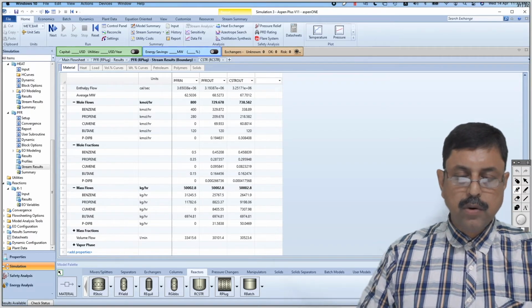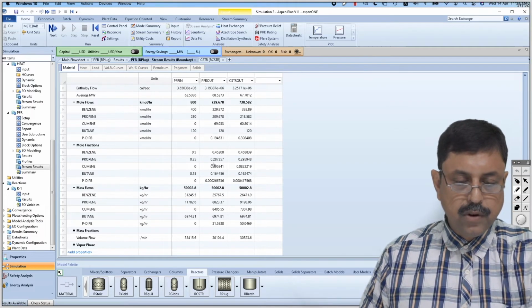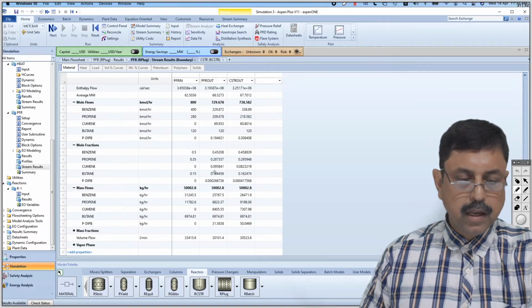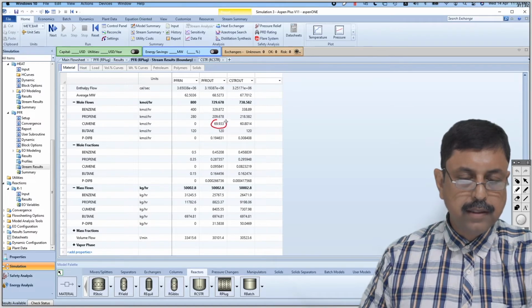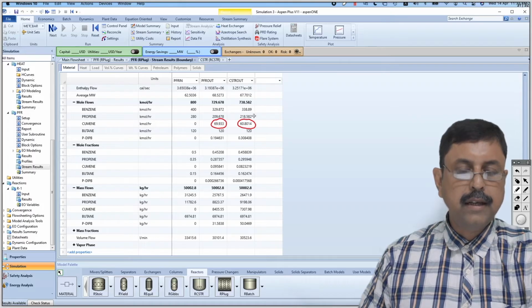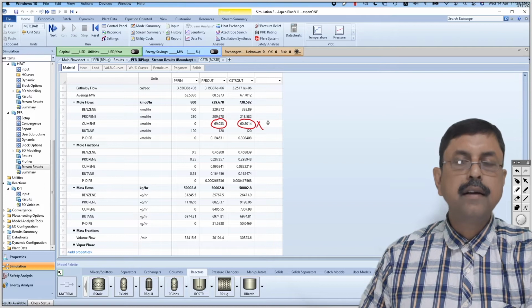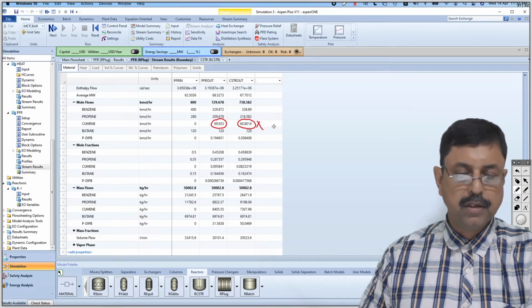And check the molar flow and mass flow. For PFR out, we have got a Cumene production of 69.933 kilomole per hour, whereas through CSTR you get around 9 kilomole per hour less. So we are at a disadvantageous position.